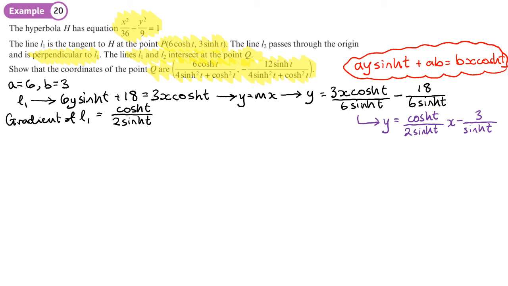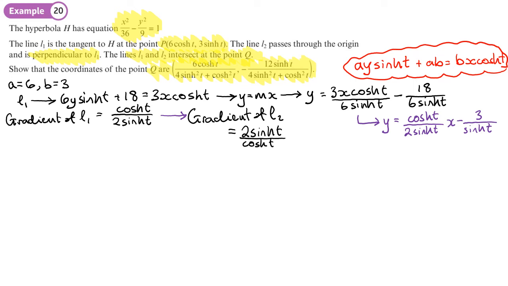So now we can use this to find the gradient of L2 because it's perpendicular. So the gradient of L2 is going to be that whole thing flipped over, so 2 sinh t over cosh t.